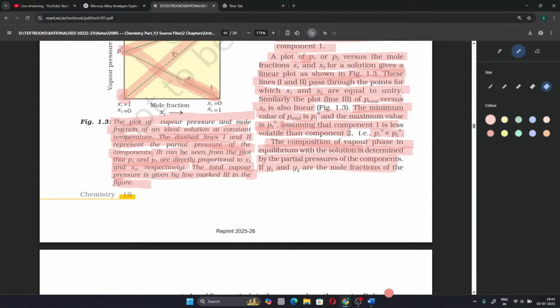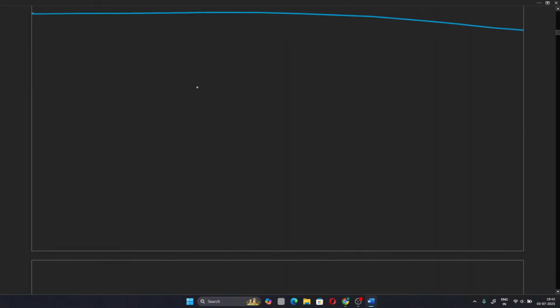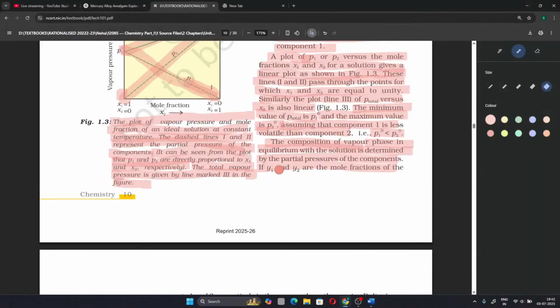Basically I think they are saying this statement states that in a solution, we take the composition of vapor phase in equilibrium with the solution.